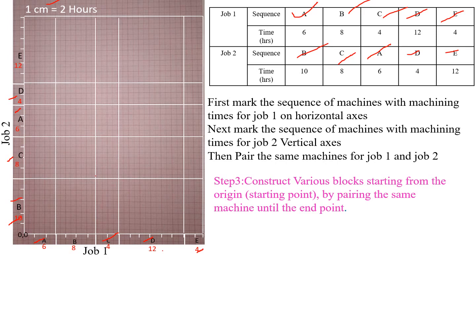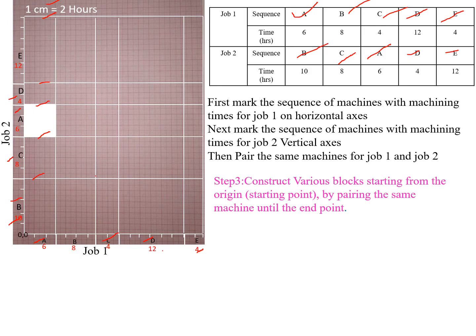Similarly, we draw the vertical lines for job 1 at each machine with respect to the machining time. Next, we pair the same machine for both jobs and shade it.